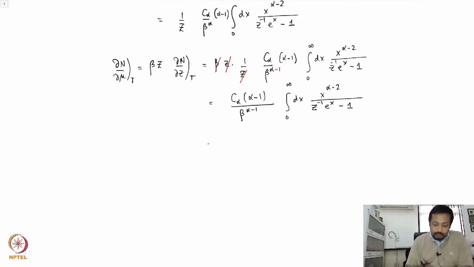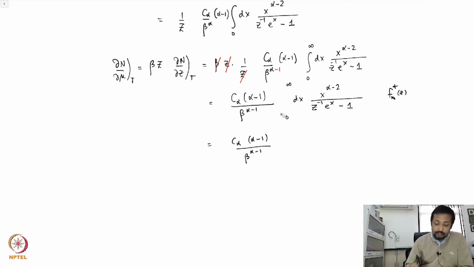So this expression now I can write down as C alpha alpha minus 1 beta raised to the power alpha minus 1, and I see that I can write this in terms of the integrals f of alpha minus 1 plus of z, by identifying the fact that I have a missing 1 over alpha minus 2 factorial over here.